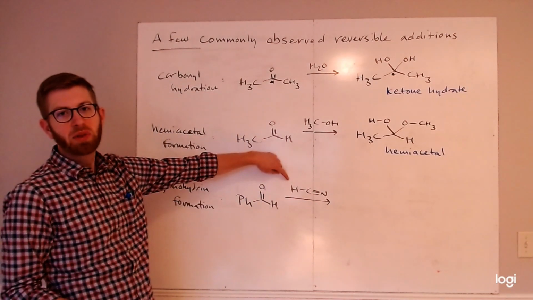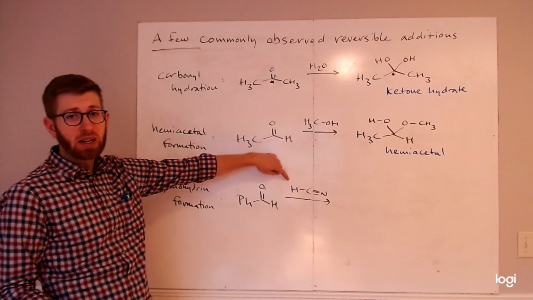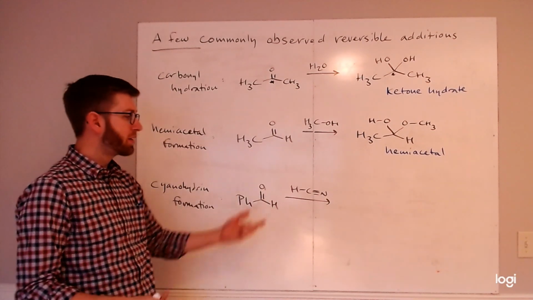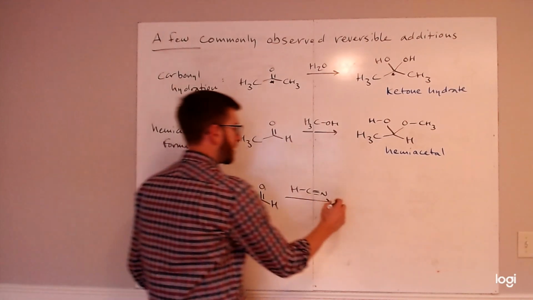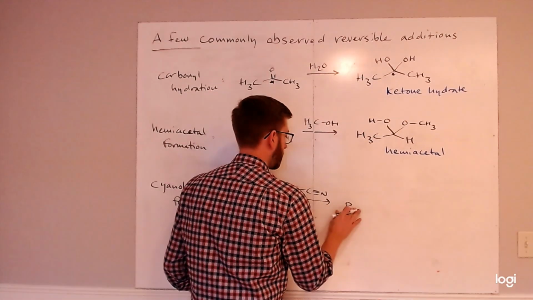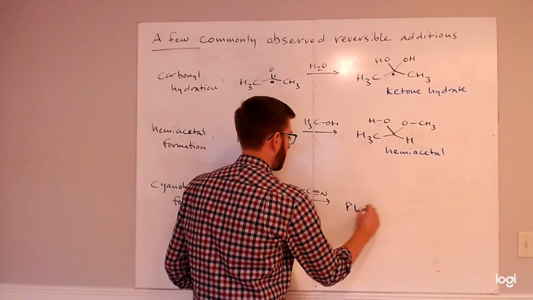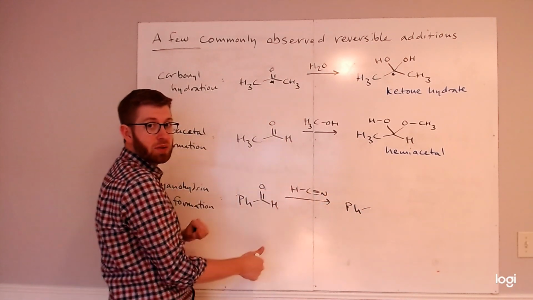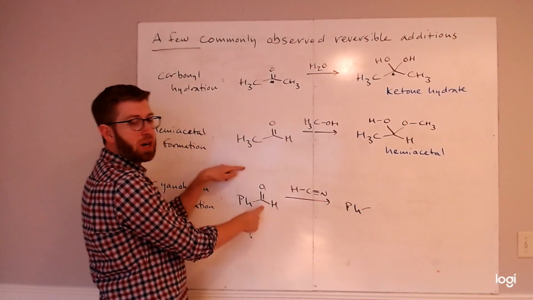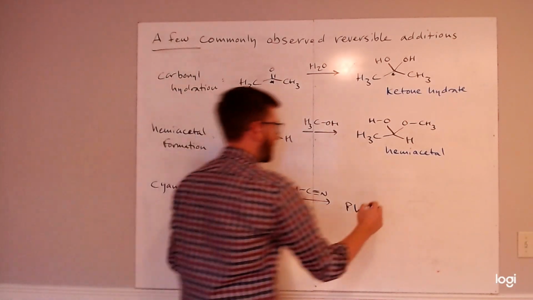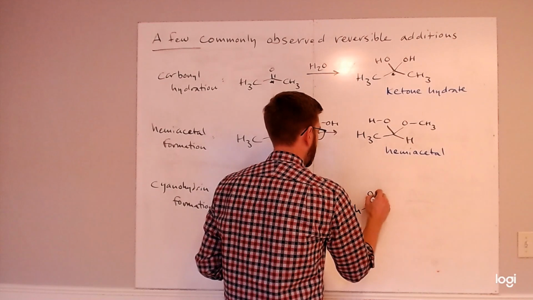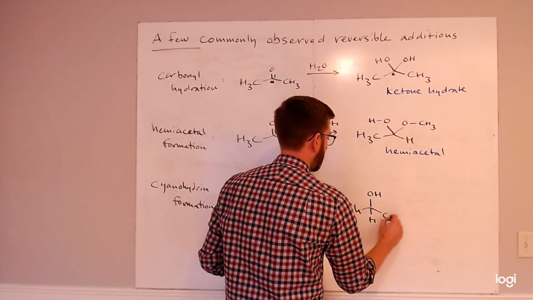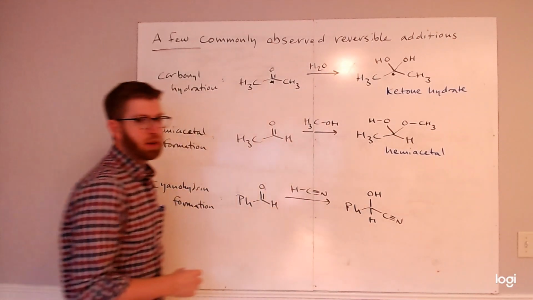Remember, this is a compound that would have had a pKa of 9. And so at some level, this proton dissociates. So you have a little bit of CN- and some protons floating around. And that actually gives you a reaction to give the addition product. So CN- would be the nucleophile after this compound dissociates. Adds, makes O-, and the proton is captured. So we have an OH group and a nitrile.